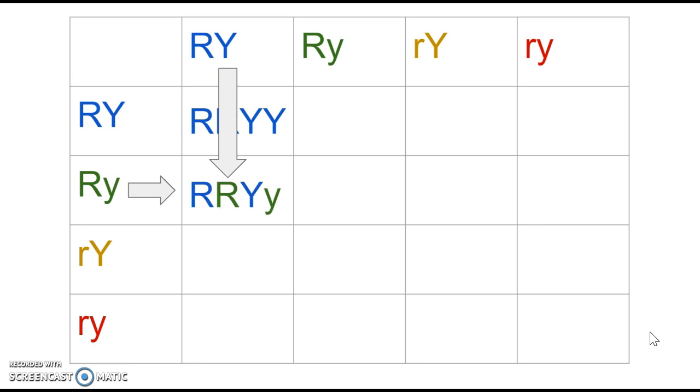Again, just filling in boxes, and notice that I kept my capital letter first instead of putting my lowercase letter first. That's also convention. We've talked about this before, so this is just a little reminder. R's go together, Y's go together, and capital letters always go first.